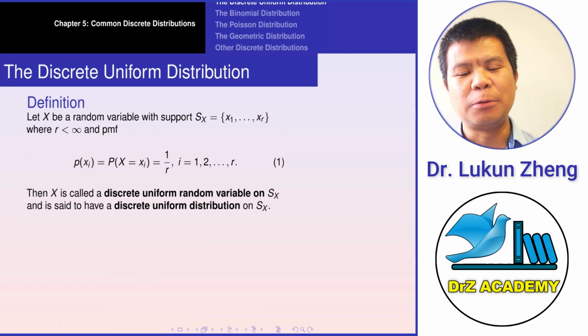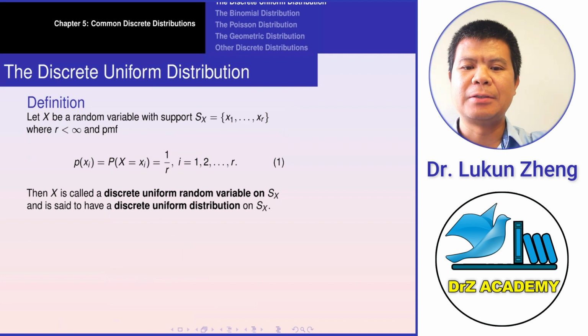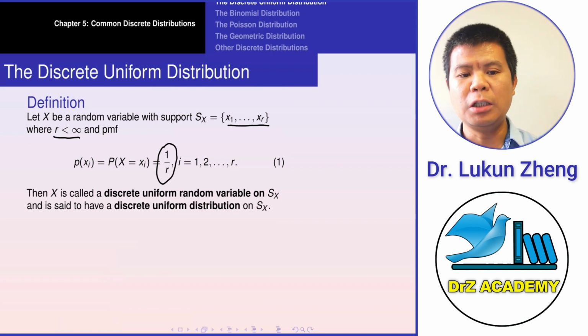Let x be a random variable with support S_x = {x1, ..., xr}, where r is less than infinity. And the PMF is given as P(xi) equals 1 over r for each of them.